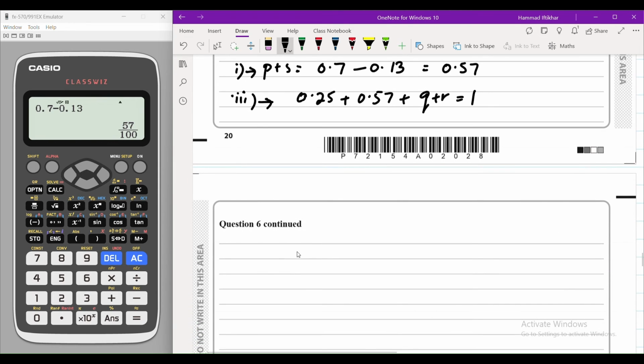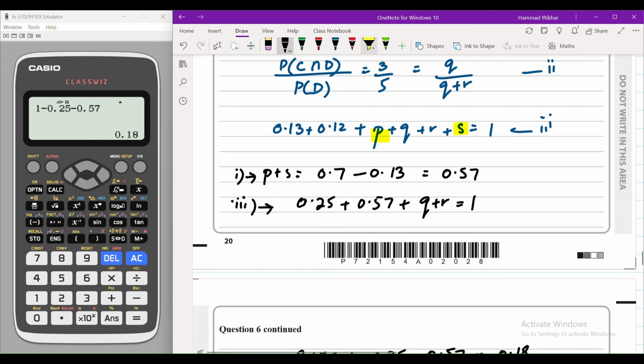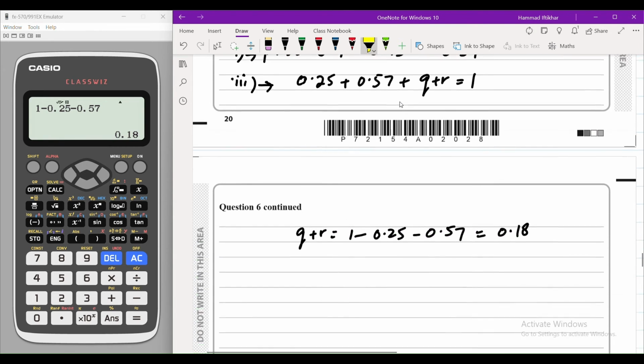Now this means that Q plus R is going to be equal to 1 minus 0.25 minus 0.57, that is 0.18.